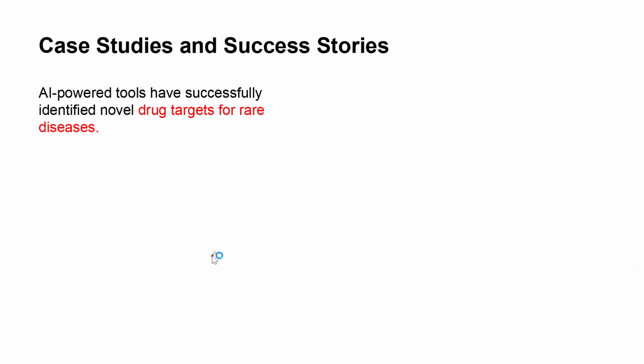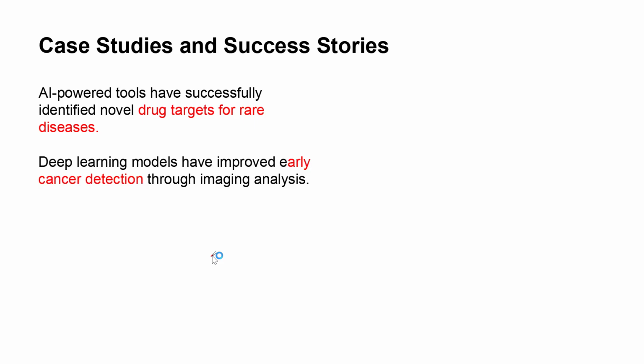What are the case studies and success stories of AI in biological science? AI-powered tools have successfully identified novel drug targets for rare diseases. Deep learning models have improved early cancer detection through imaging analysis.